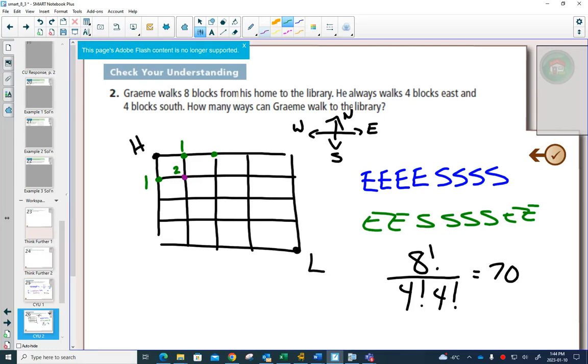Even though he's walked 2 blocks, there's only one path to get to that point. If you're going to visit a friend that lives there, there's only one way to walk there without making it longer than it needs to be. If you're not backtracking, there's only one path. Same thing here, one path, one path, one path, one path.